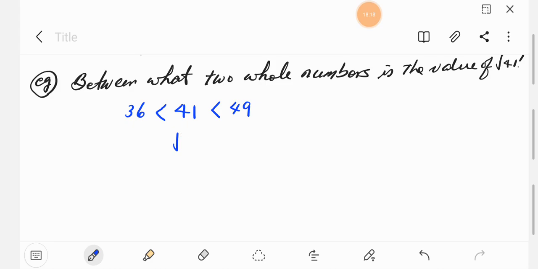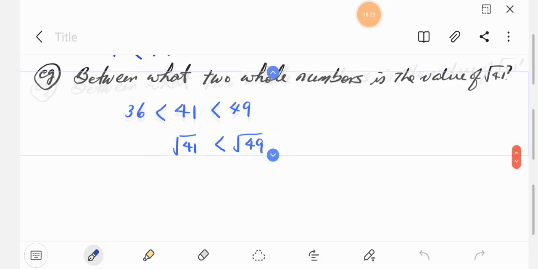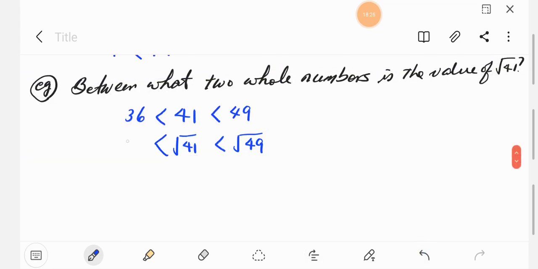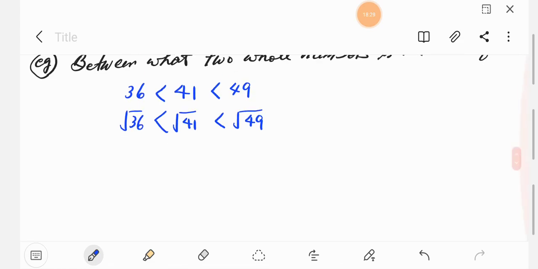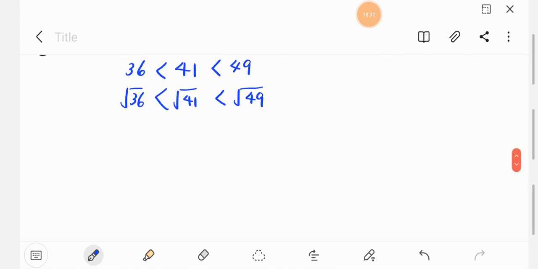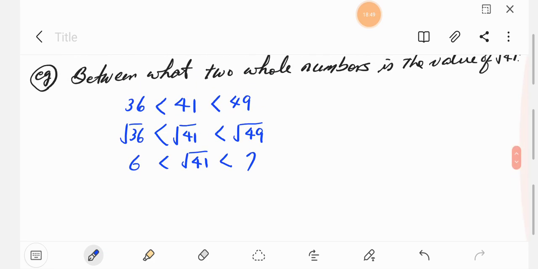Then take the square root of these three numbers. When we simplify the square roots, 36 and 49 are perfect squares, so this is 6, square root of 41, and this is 7. So the square root of 41 is between the whole numbers 6 and 7. We don't know the exact number, but we know where that number is, between two whole numbers.